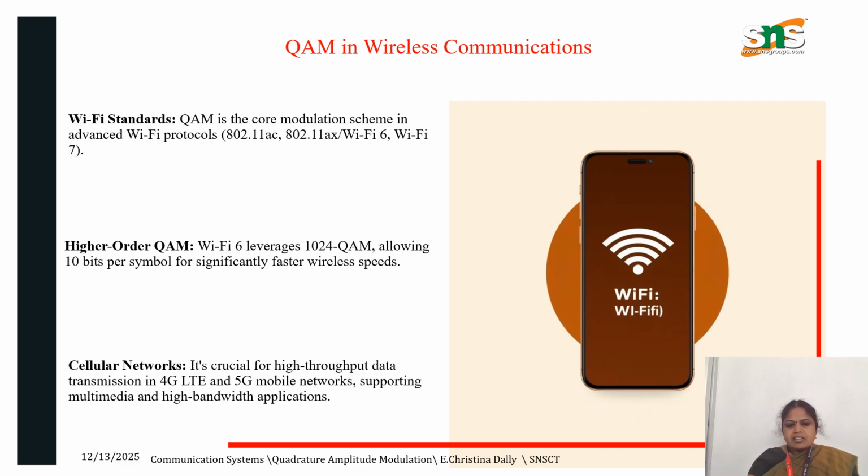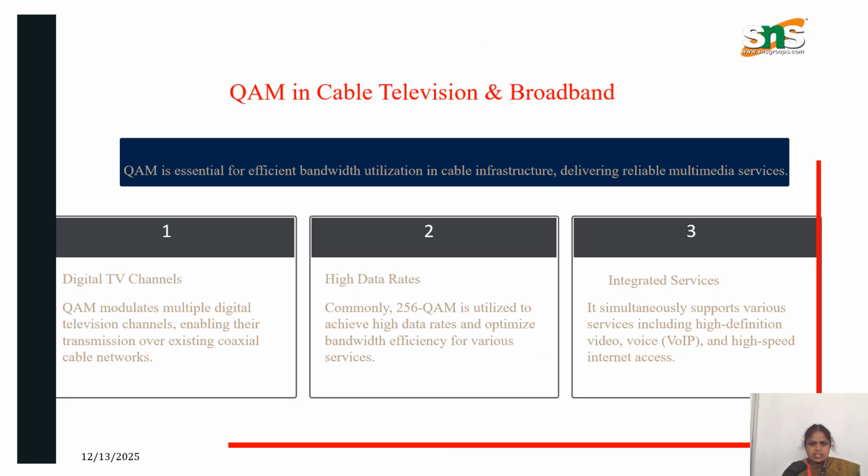It provides high-throughput data transmission in 4G as well as 5G mobile networks, and it supports multimedia and high bandwidth applications. So these are all the applications of quadrature amplitude modulation.